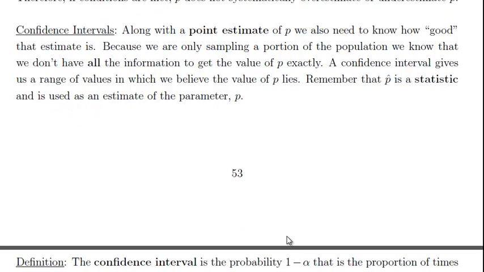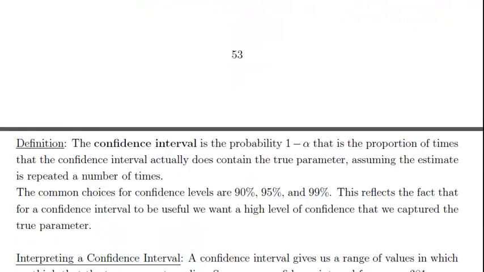So a confidence interval is an interval that gives a lower bound and an upper bound for where the true proportion lies. Because we know if we took another sample of 100 adults from the population and asked them if they believed in ghosts, we'd get something different than 0.24. And because there's uncertainty in our estimate of P hat, we like to create an interval around that. And then we're confident that that interval would contain the true proportion of adults that believe in ghosts.